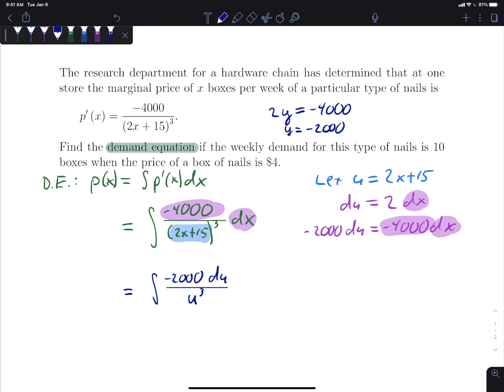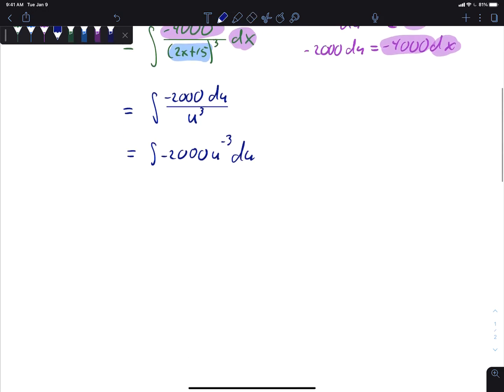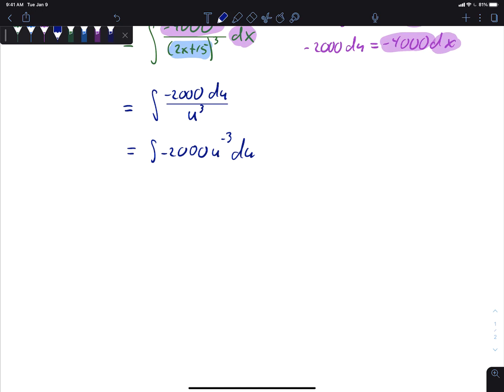And then bring the u cubed into the numerator. That's going to make that the integral of negative 2,000 u to the negative 3 power du. And then just take the integral. Just rewrite the coefficient here, which is negative 2,000.